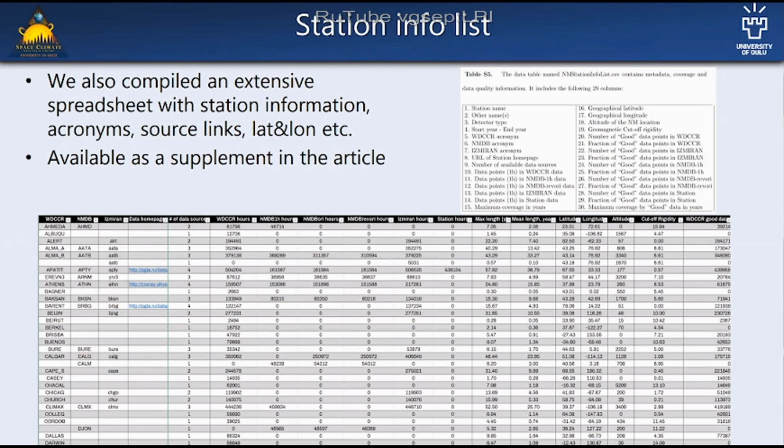For Thailand, the station is Thailand somewhere, and somewhere it's this princess something name. There are other cases too, but you can access this table from the supplements of the publication, and there are 30 different ones which show all the available data points and the fraction of good data points that can be found.